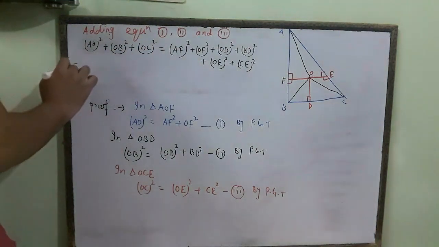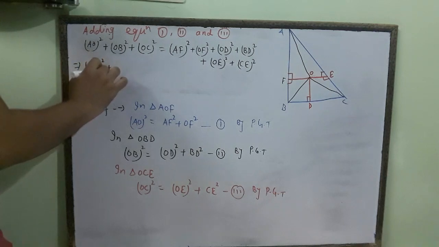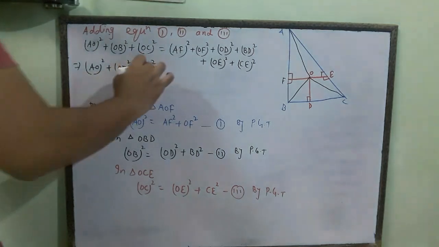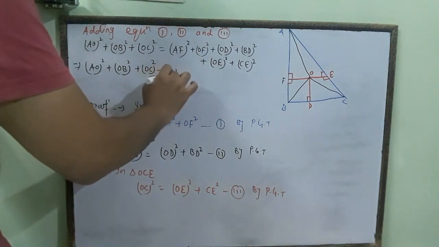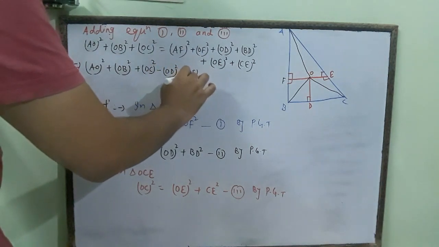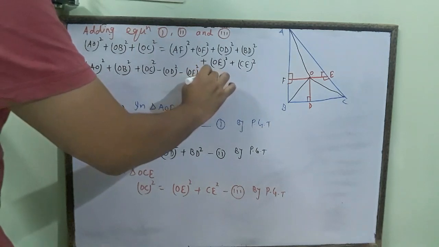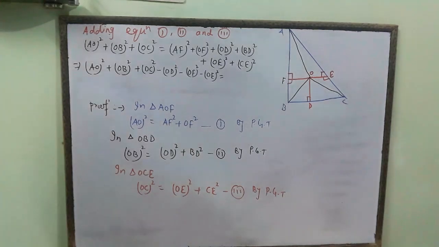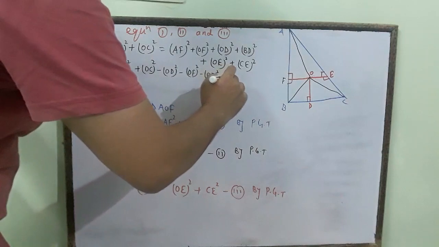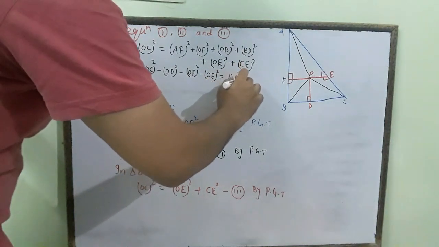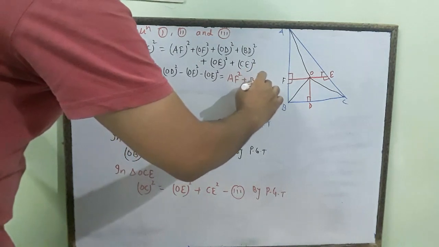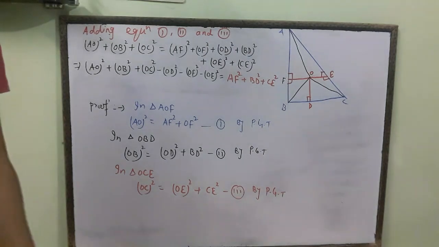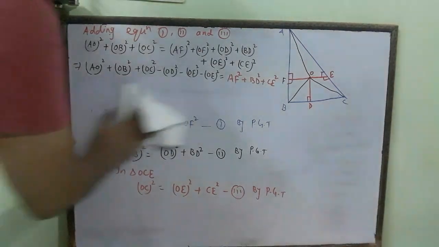So the relation will be AO square plus OB square plus OC square minus OD square minus OF square minus OE square is equal to, after transferring OD, OE and OF, the remaining terms: AF square plus BD square plus CE square. This is the proof of question 8 part 1.